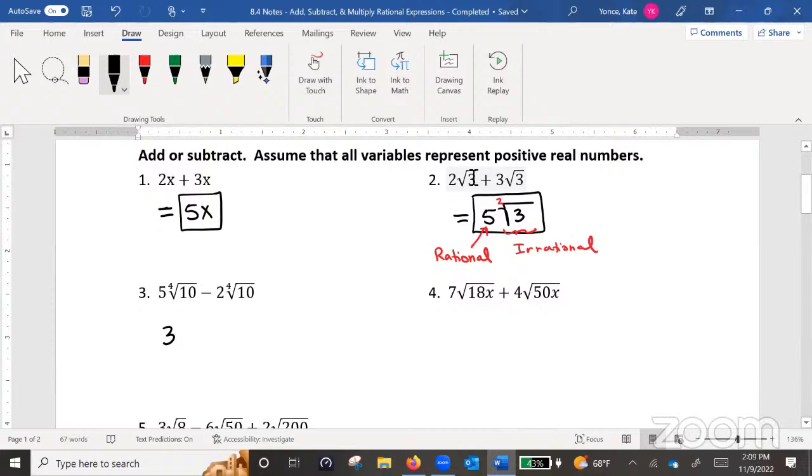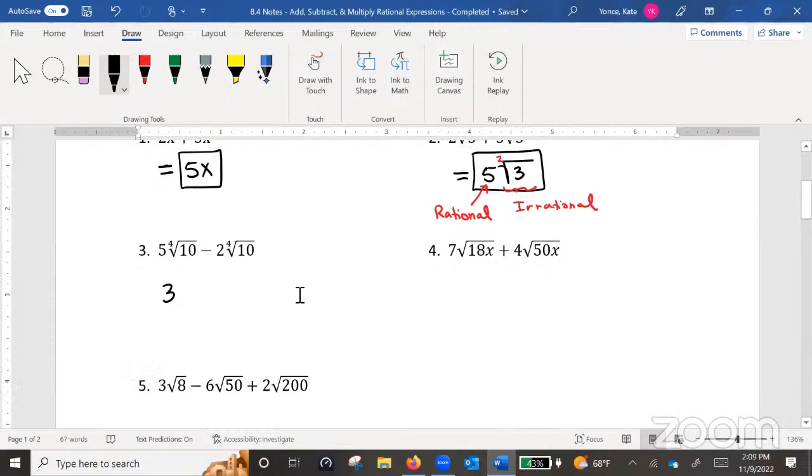So square root of 3, they don't change. That's called the 4th root. So 4th root of 10. We subtract the 5 minus 2 and get 3, but we don't change the radical. Don't ever try to change that.